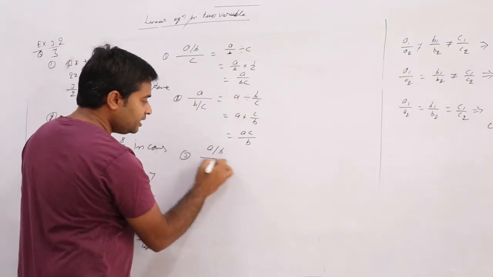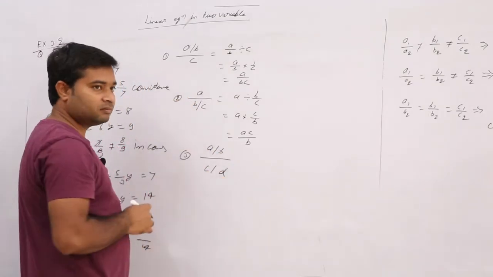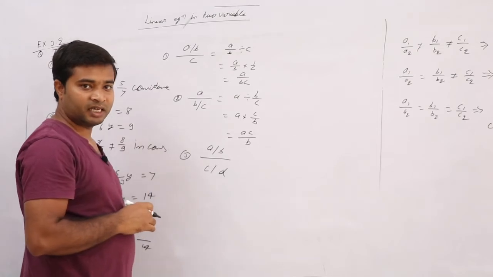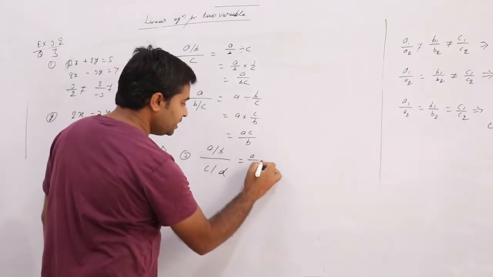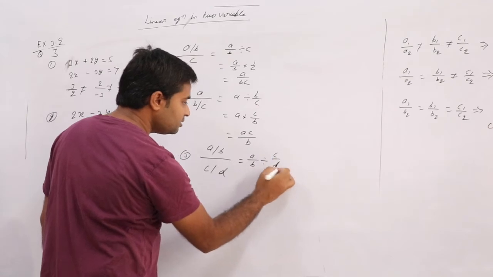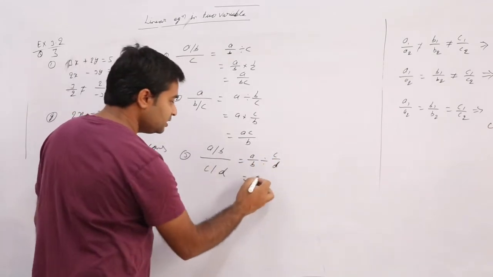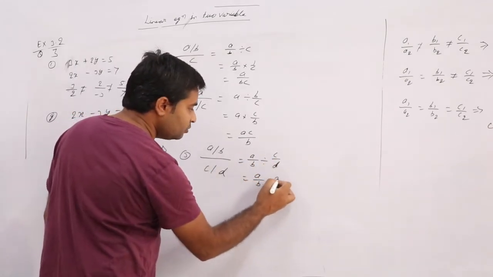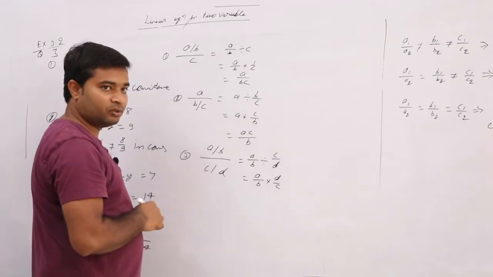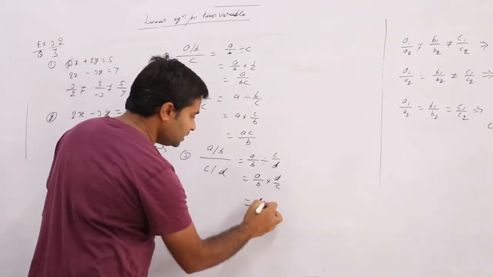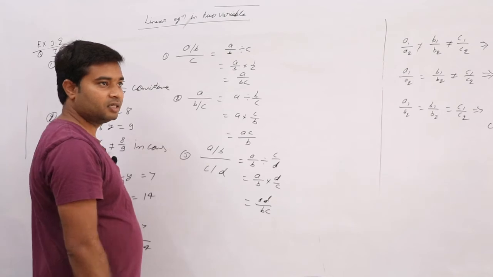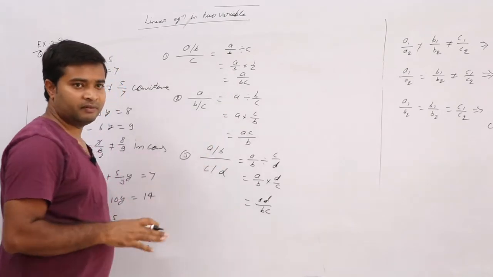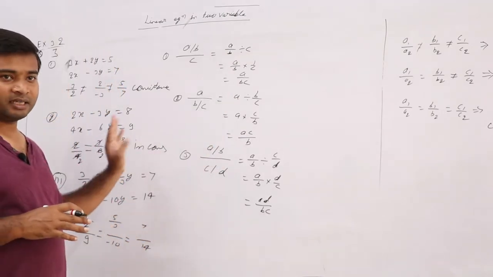A by b by c by d means a by b divided by c by d, which means a by b into d by c, which is ad by bc. Correct. These 3 cases will come in division. Whichever comes, apply that one at that time.